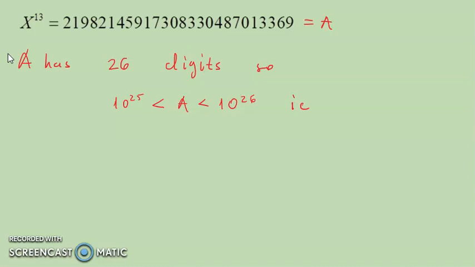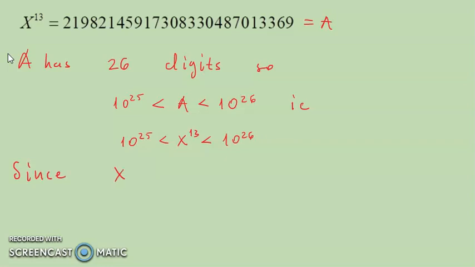So, x^13 is greater than 10^25 and less than 10^26. The right hand side of these inequalities is very appropriate because 13 is a divisor of 26, and let's work with that.